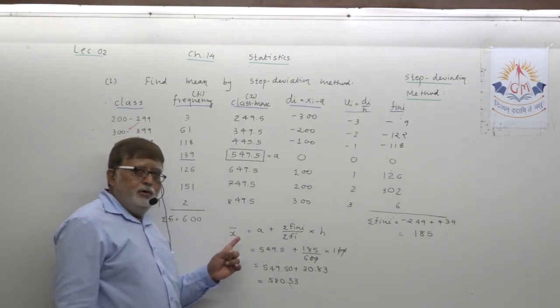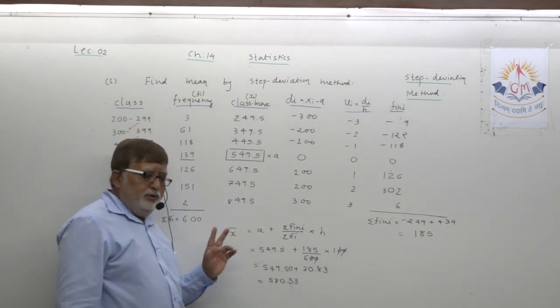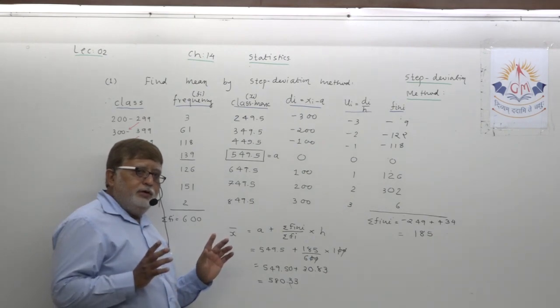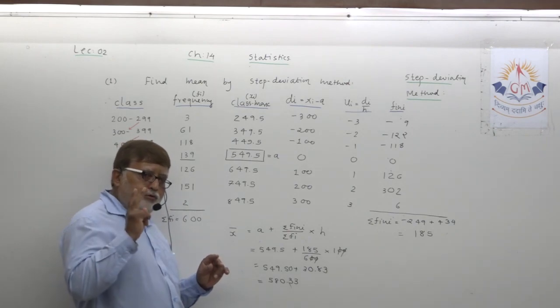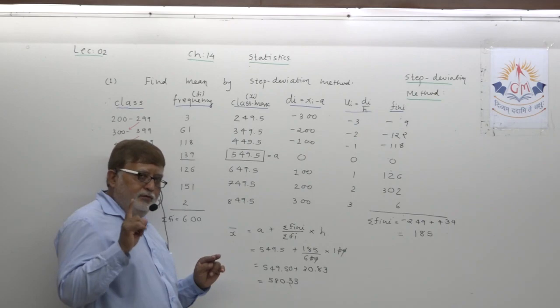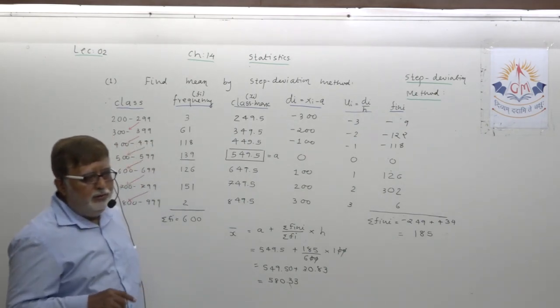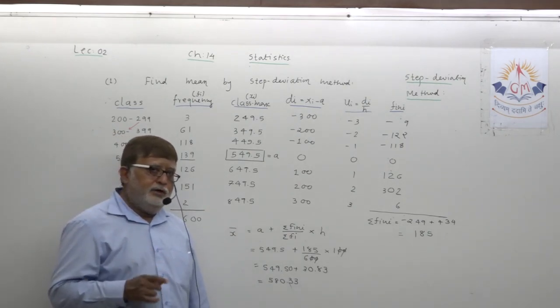So this is again one example of the step deviation method. Two examples of the step deviation method, dear student, we have taken. In the first one, the data was of regular class height and class length.